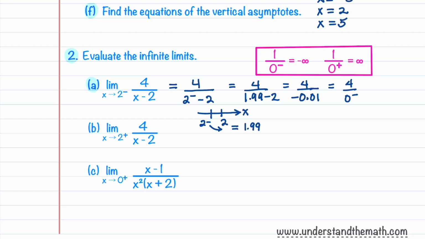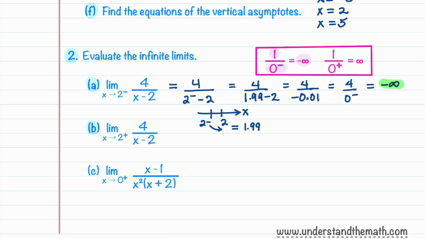Up here in a box, I wrote down what this equals. If we have 1 and divide it by a really, really small number that's negative, it's going to equal minus infinity. So we can say that this limit is equal to minus infinity.